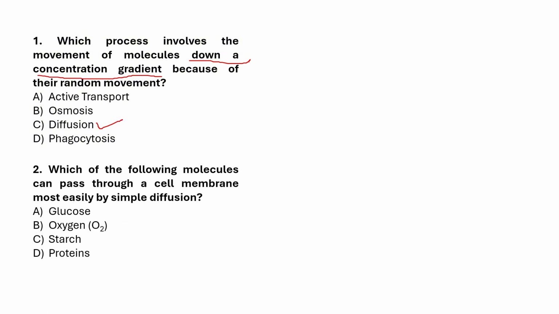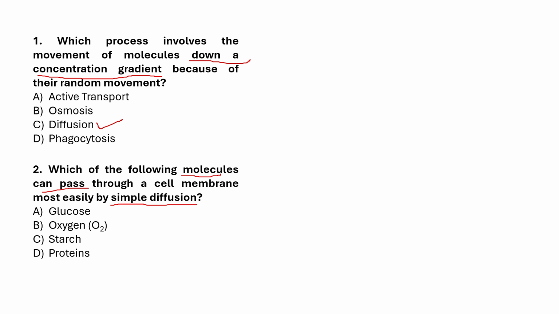The next question is, which of the following molecules can pass through a cell membrane most easily by simple diffusion? Remember this word, simple diffusion. Glucose, oxygen, starch, or proteins. Now you can see that glucose, starch, and proteins are larger molecules.